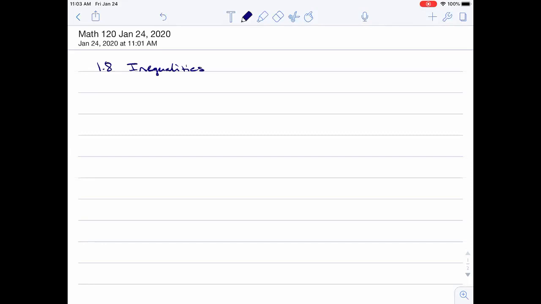Okay. So we're going to start 1.8, which is inequalities. We've seen a couple of inequalities earlier, where we just had to graph them on a number line and things like that. Now we're going to learn how to do math with inequalities. Inequalities are things like less than, greater than, less than or equal to, greater than or equal to.